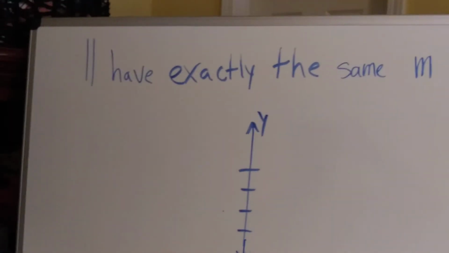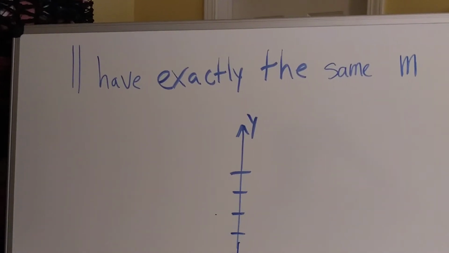So parallel lines have exactly the same slope.